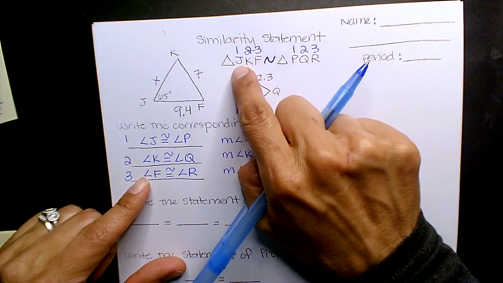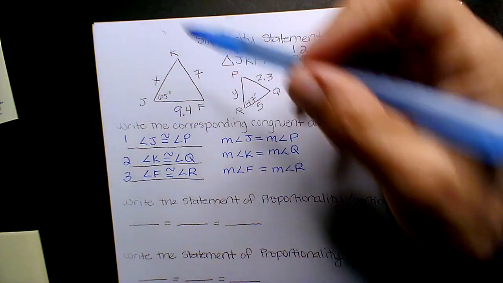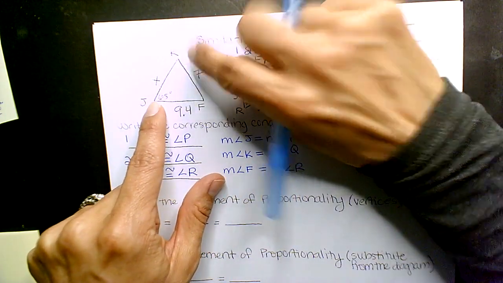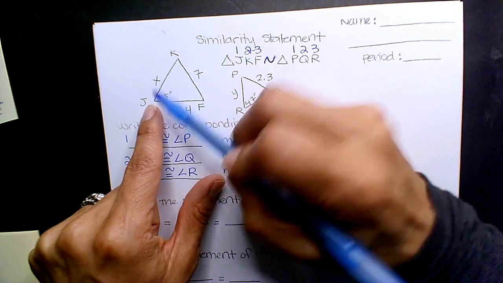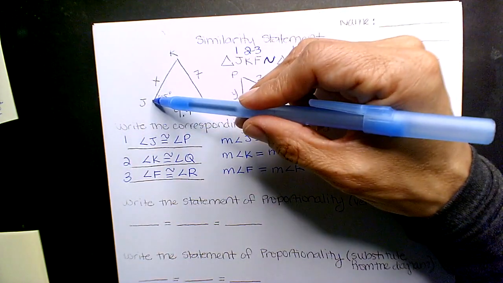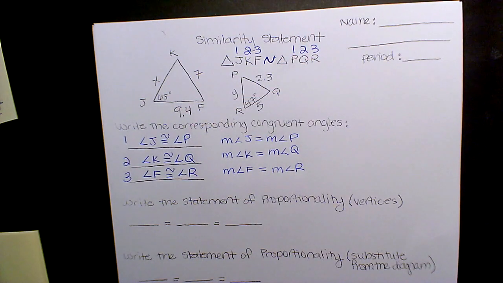Your sides are going to be written with 2 letters, because this side has J and K. So JK is this length. KF is this segment, that side. JF is this side. You need 2 letters to create a side, right? It has 2 endpoints.